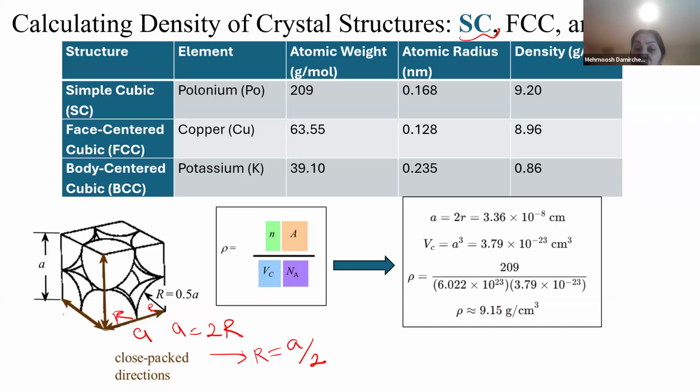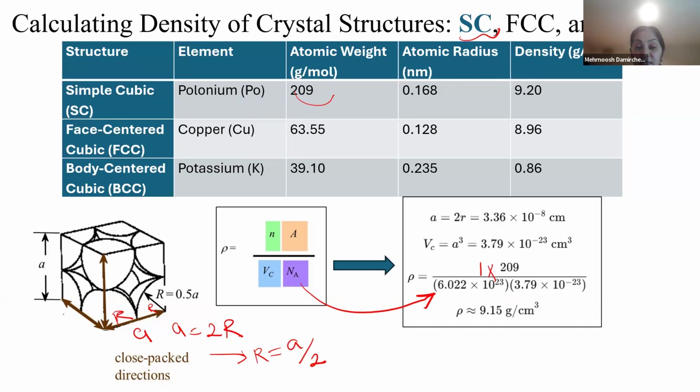If you remember from the previous slide, I told you that the number of atoms for SC per each unit cell is 1. So we substitute 1 times the atomic weight according to the table, 209. Avogadro number, or NA, is 6.022 times 10 to 23. And what is VC?